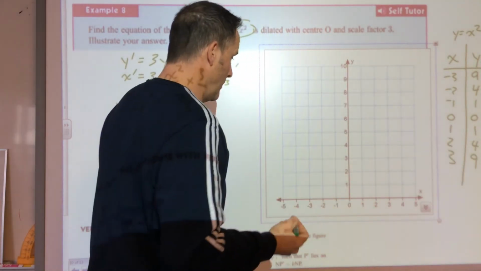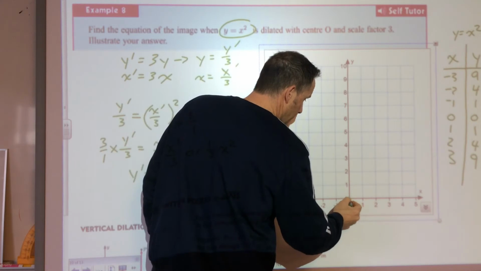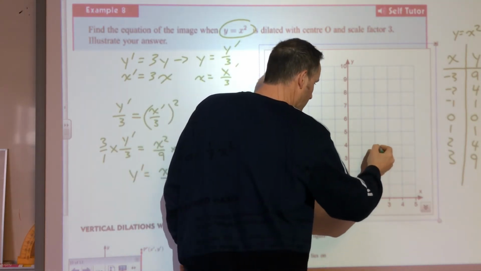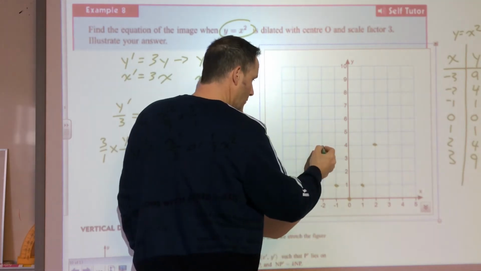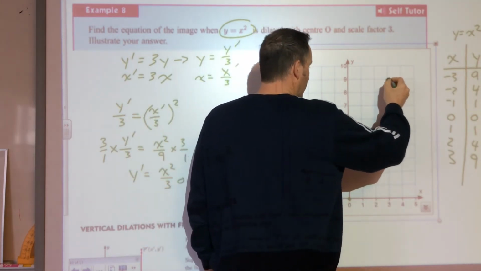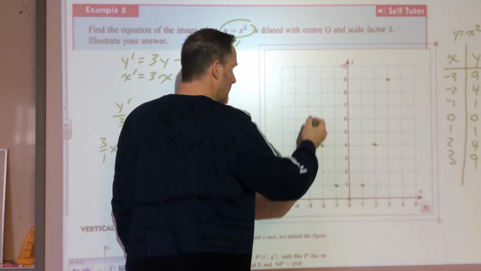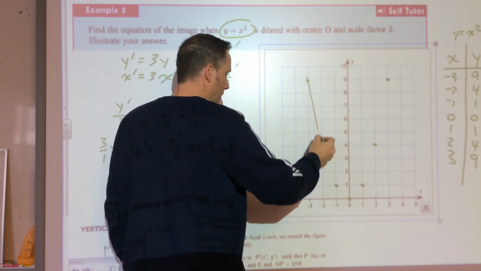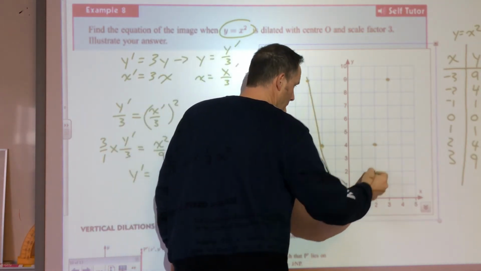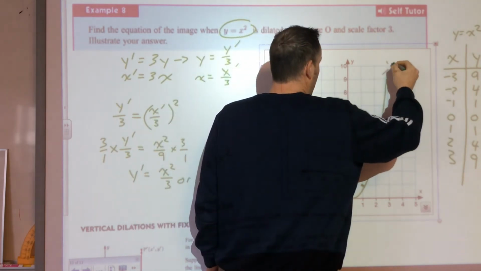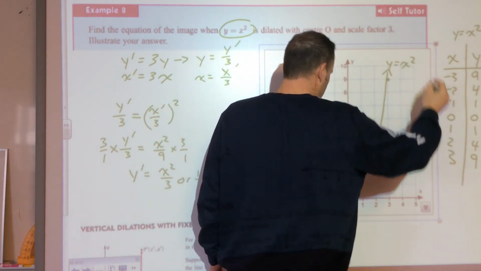So I plot those points: 0, 0; 1, 1; -1, 1; 2 and 4; -2 and 4; 3 and 9; -3, 9. Connect the dots. And that's y equals x squared.